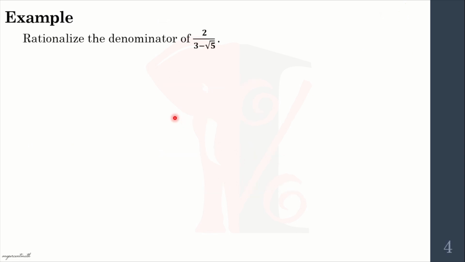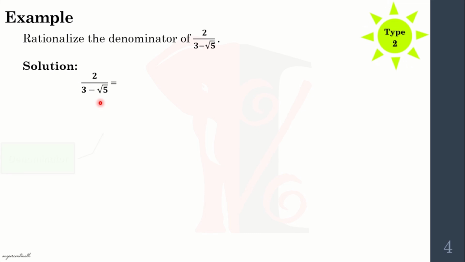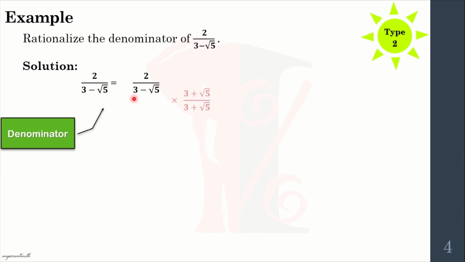So let's take an example here. Rationalize the denominator of 2 by (3 minus root 5). Here 3 is a rational number and minus root 5 is an irrational number. We call this a second type. In this, how we are going to solve is, this is the given term and this is the denominator, and to this denominator we are going to multiply 3 plus root 5, and 3 plus root 5 to the numerator.